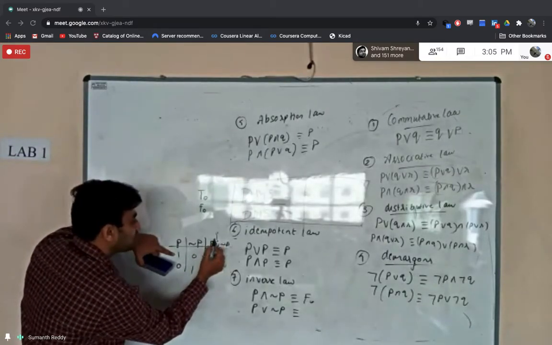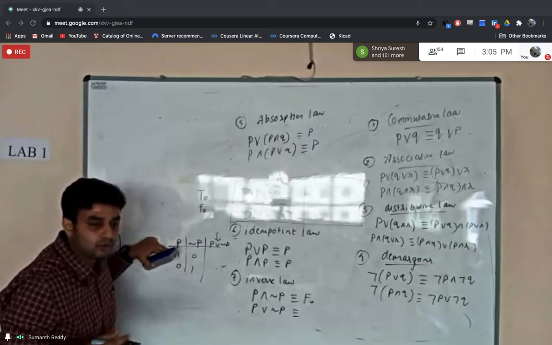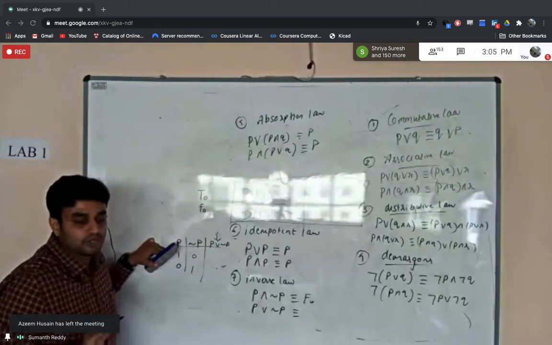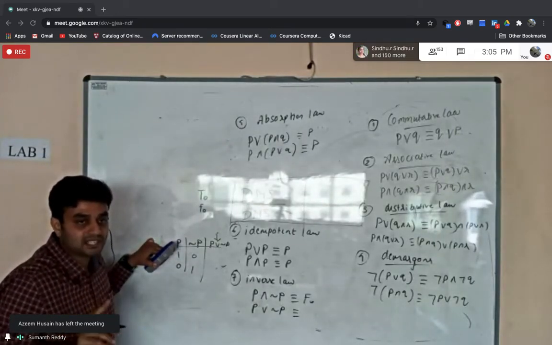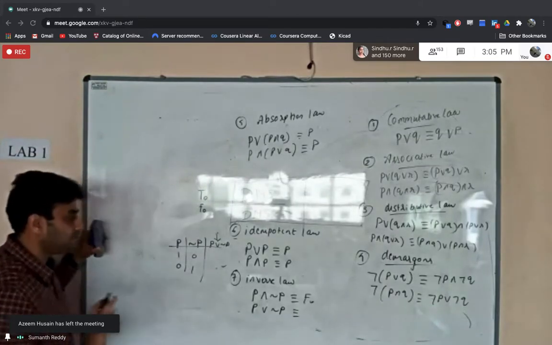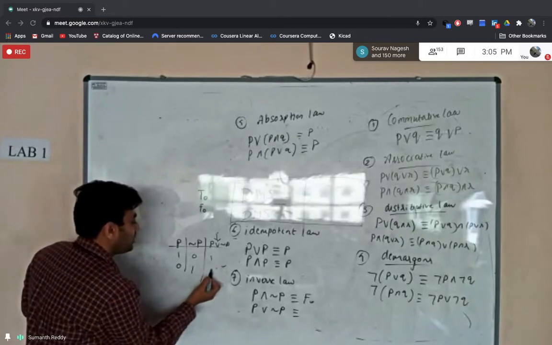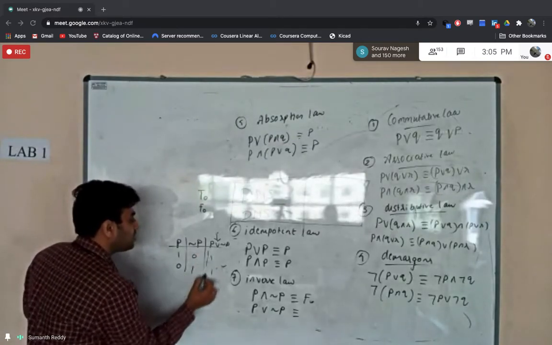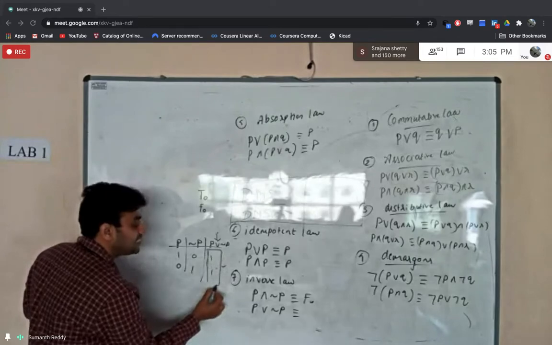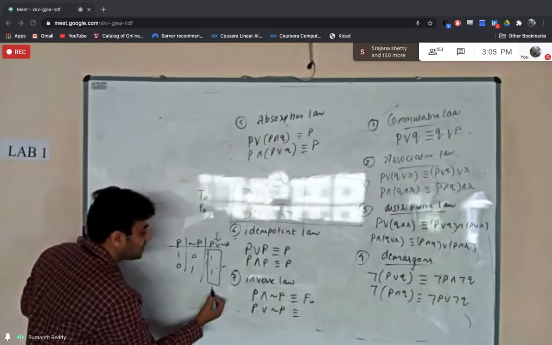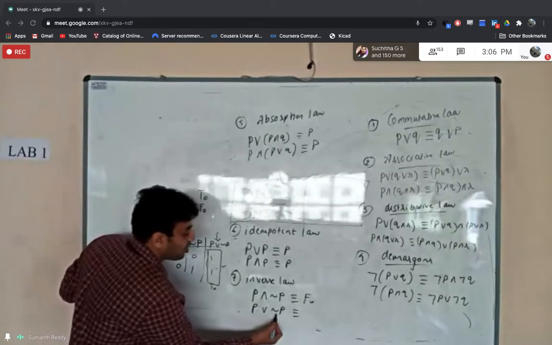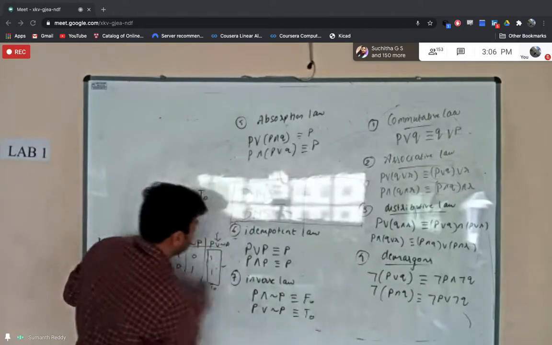You know the rule for disjunction: the disjunction will be true even if a single proposition is true. It will be false in only one case, that is when both are false. In all the remaining cases, it will be true. So 1 or 0 is 1, and 0 or 1 is again 1. If you see the final values, it is always true, which concludes that this is a tautology. So P or negation of P is a tautology.